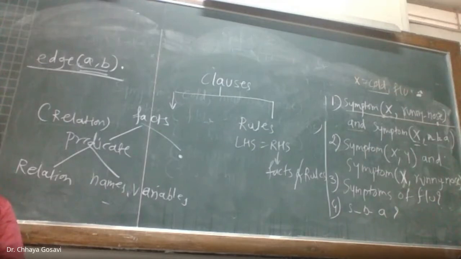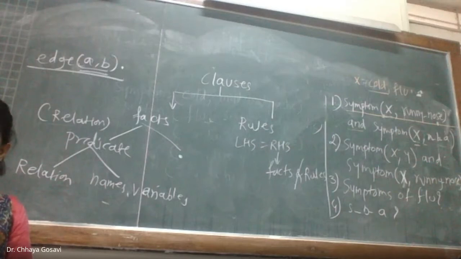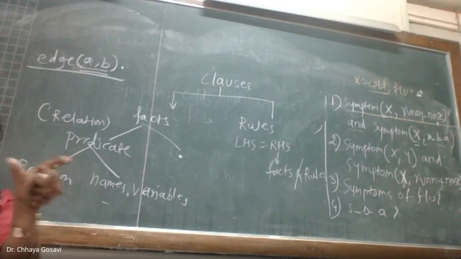Suppose I want to write a fact for this statement: Varsha is lecturer in computer. How do you convert this statement into a fact? Lecturer, Varsha, comma, computer. So you need two parameters.